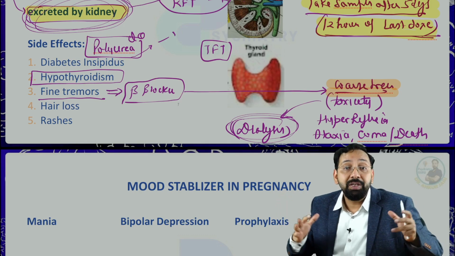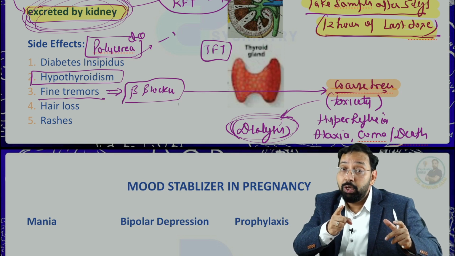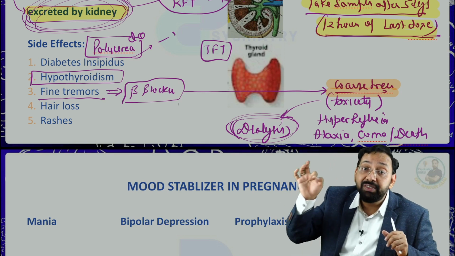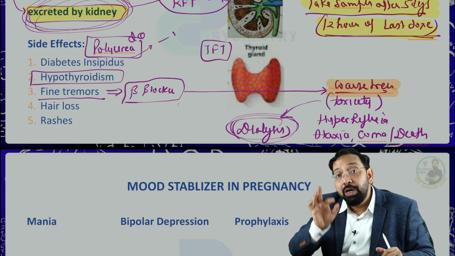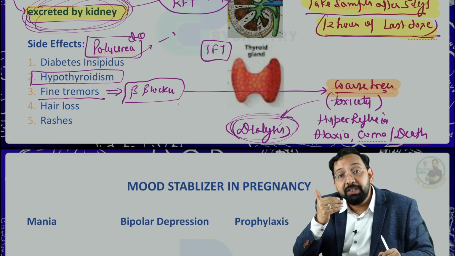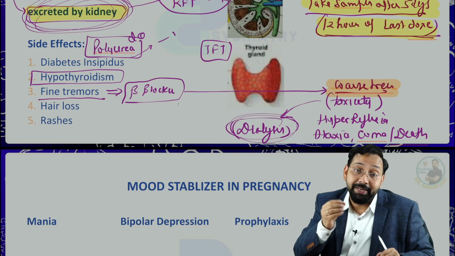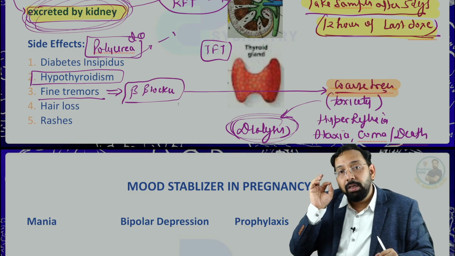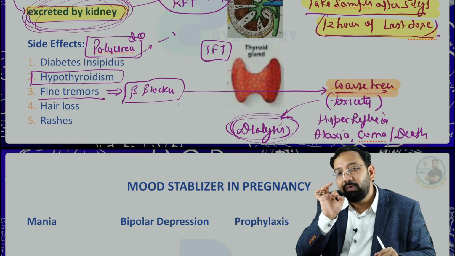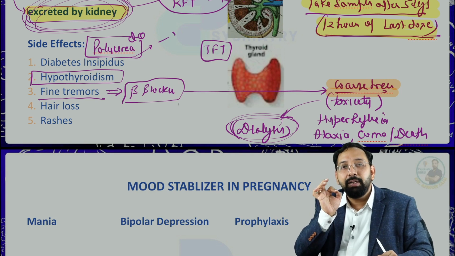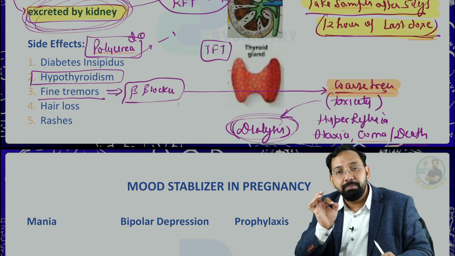When plasma volume increases, this is controversial again, I am telling you. So if you give the same dose, that will lead to decreased lithium level, and the patient may present with symptoms of mania.